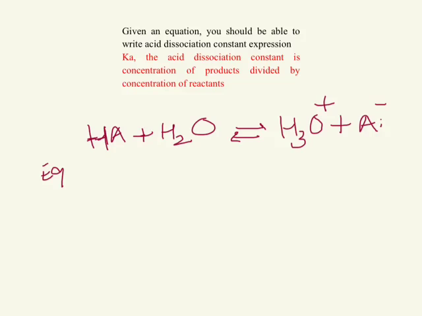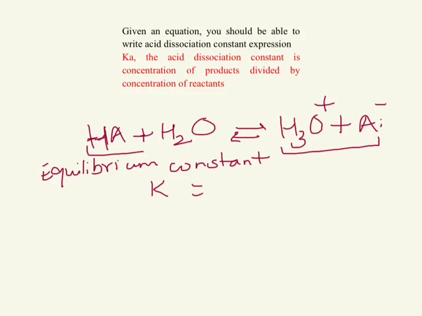What is the equilibrium constant? We denote it by the letter K. It is the concentration of products divided by the concentration of reactants. So these are products, these are reactants.